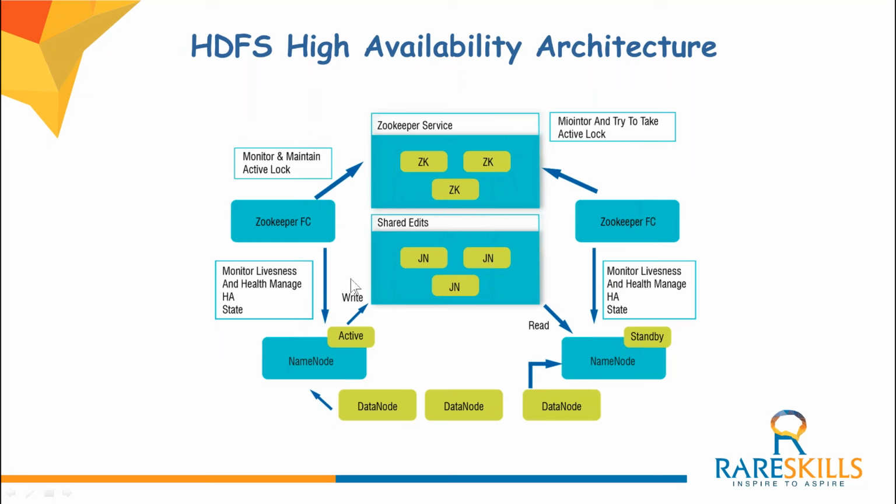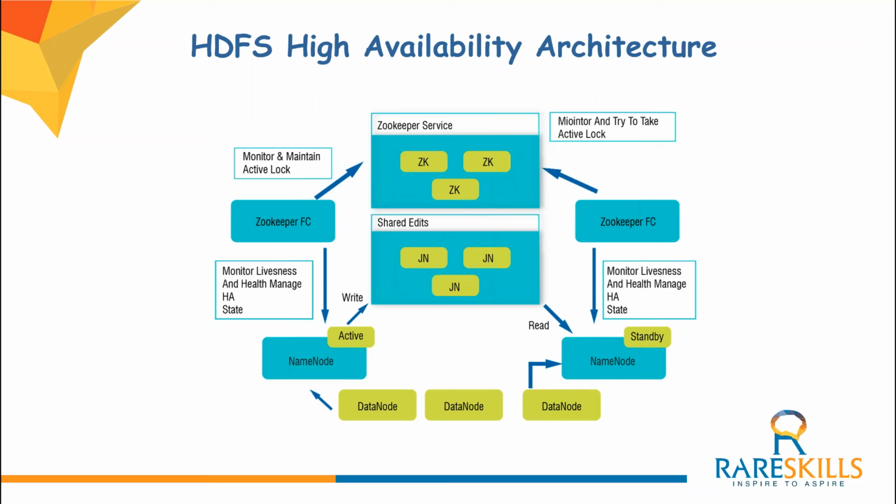Once the active name node is down, the active ZooKeeper failover controller changes that metadata inside the ZooKeeper service, which the standby ZooKeeper failover controller is reading, and it comes to know that the active name node is down. So it switches the standby name node to the active state.